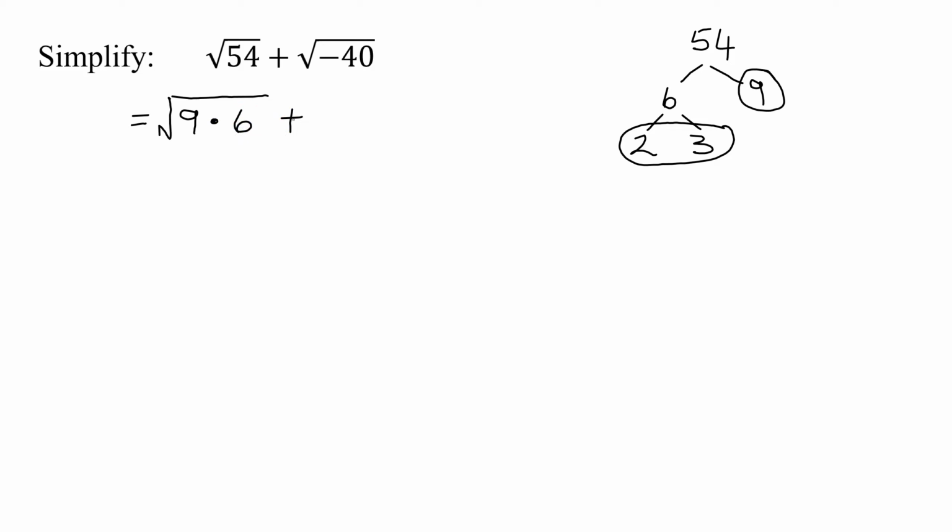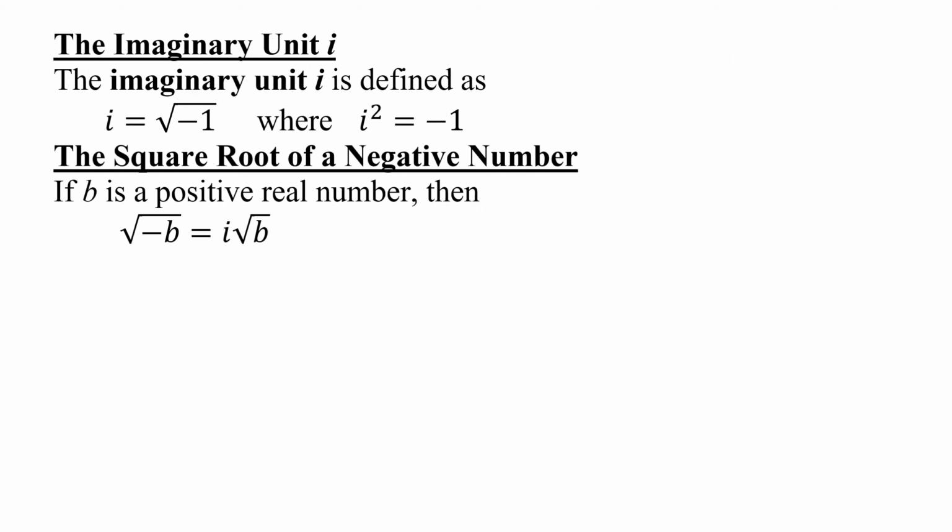Plus, now we need to look at the square root of negative 40. Notice I have a negative underneath my square root, so let's quickly review what we do in that case. Remember, the imaginary unit i is defined to be i is the square root of negative 1, where i squared equals negative 1, and that can be used to find the square root of a negative number.